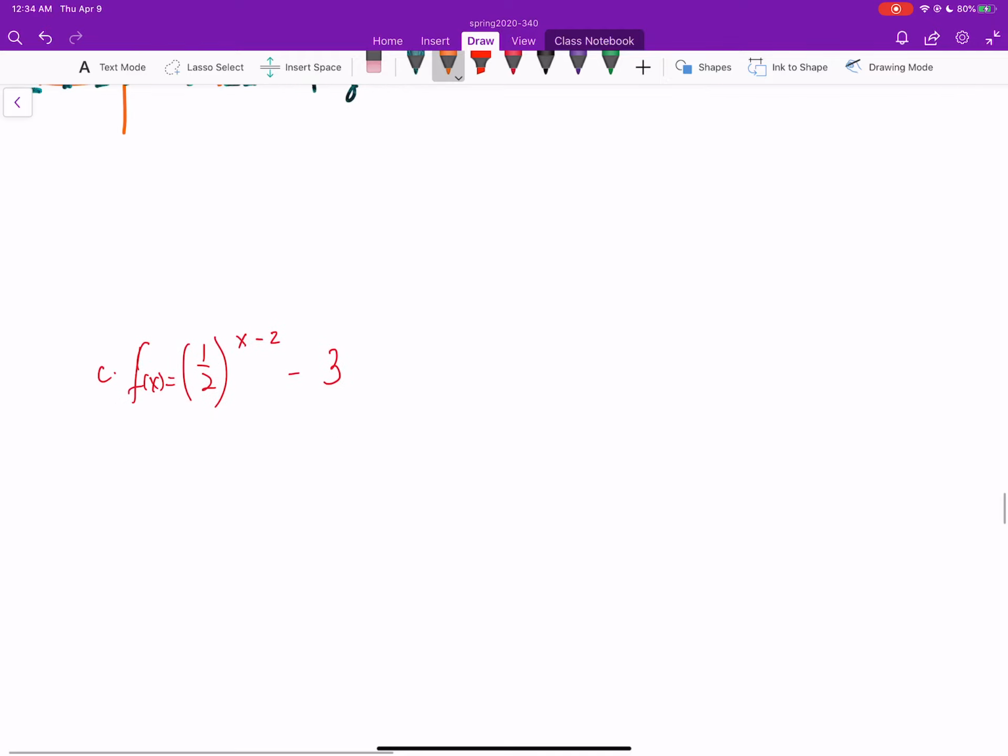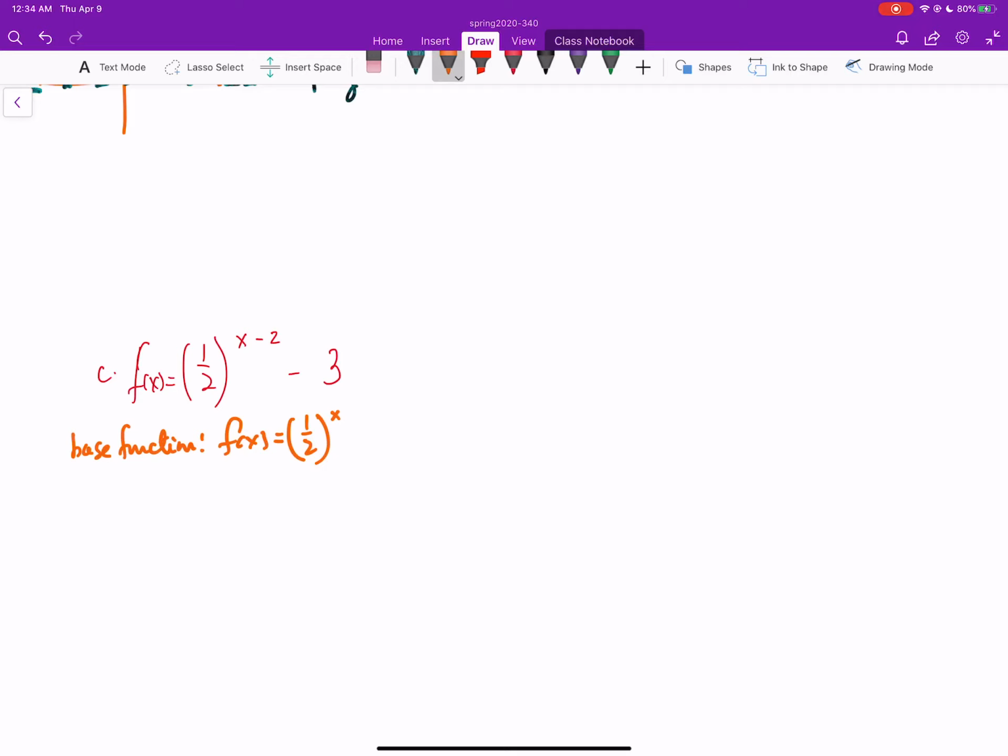So I have this graph here which says 1/2 raised to the x minus 2 minus 3. So my base function is f of x is equal to 1/2 raised to the x. And what am I doing?